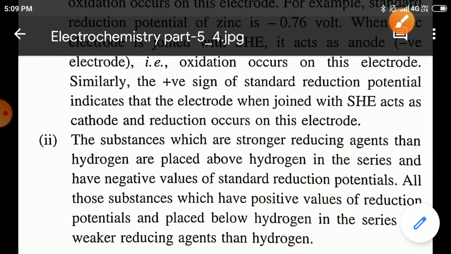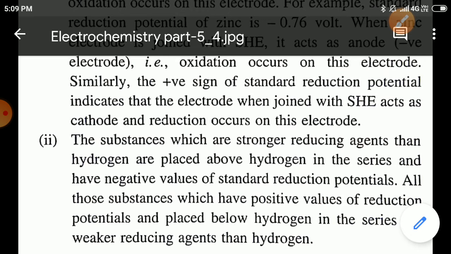Second characteristic: the substances which are stronger reducing agents than hydrogen are placed above hydrogen in the activity series and have a negative value of standard reduction potential.